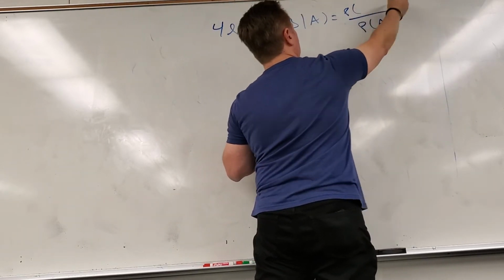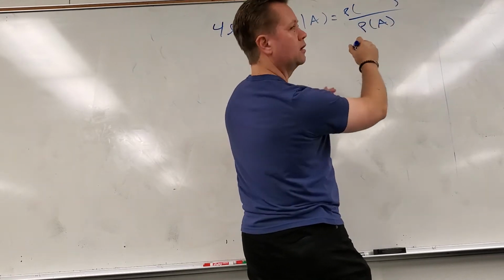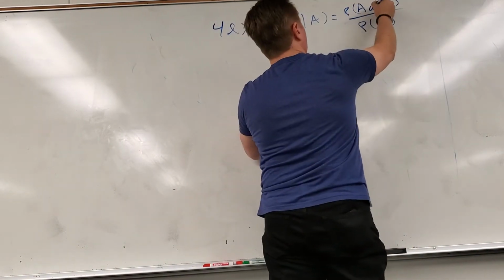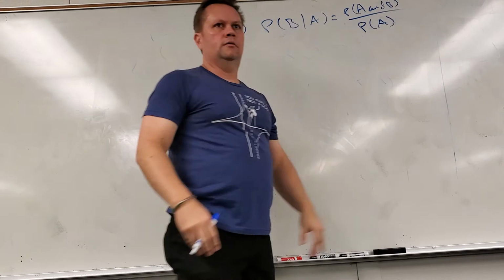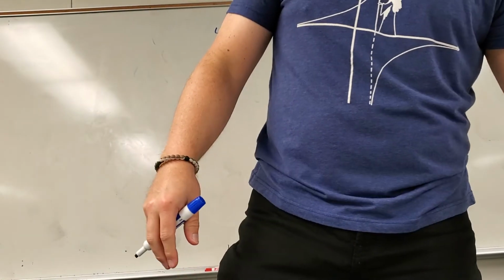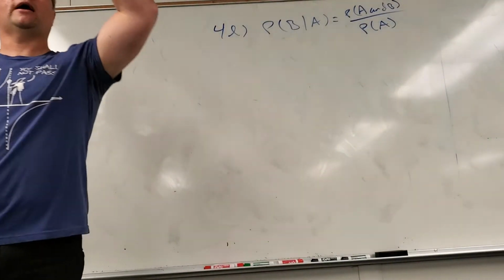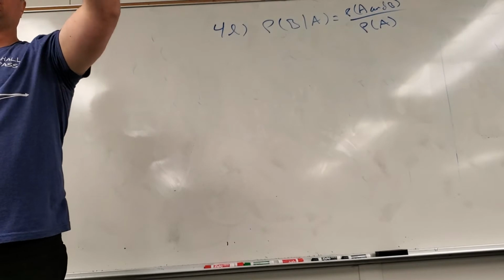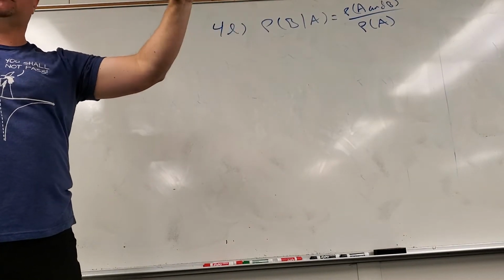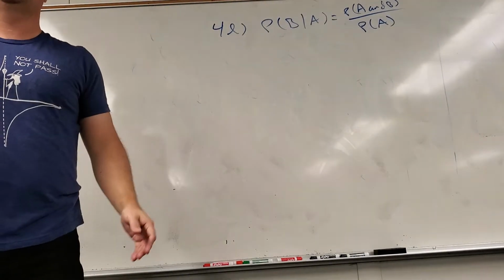And then the top has to be A and B, yes. By the time you get to 4D, you're supposed to know both of those. I tell you P of A, and then you calculate P of A and B. So it is all about looking at what I give you, and then looking at what I ask you, writing the equation if there is one, and then seeing, does everything work together? Do I know everything I need?